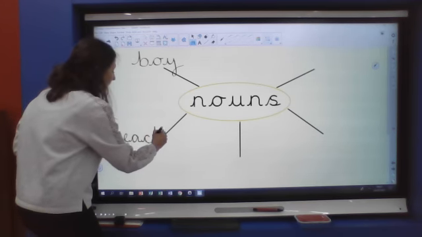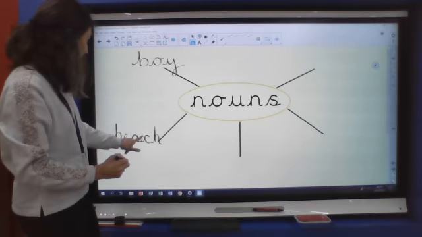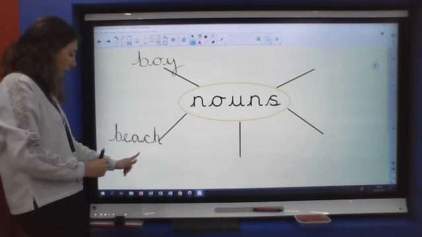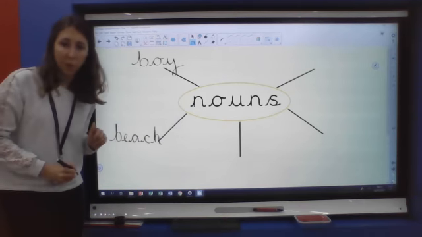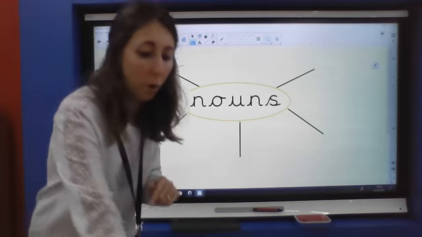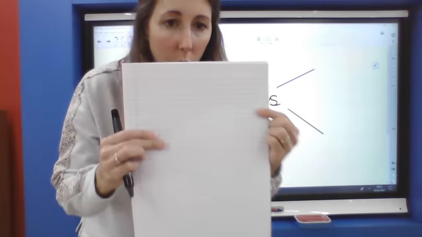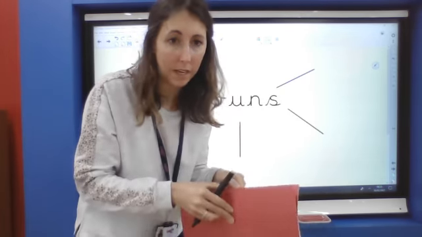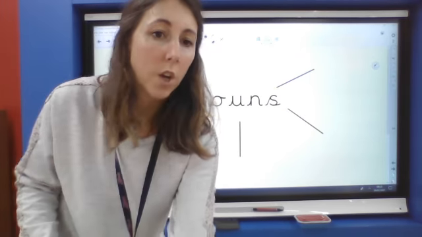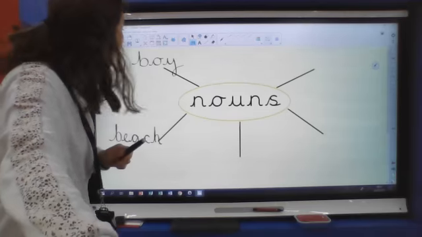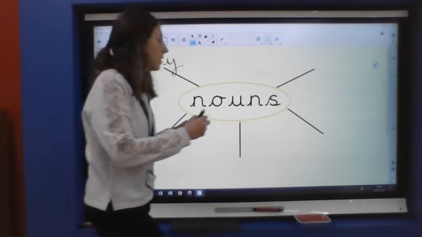You can see that even though I've drawn my lines where I'm going to write, my writing is still straight. So I'm not doing my writing wonky and all down. So if you're using your lined book, you'll still be able to write your words on the line, please. Okay, and if you're doing it on your whiteboard, try like I'm doing to make my words straight. So boy is a noun, beach is a noun.